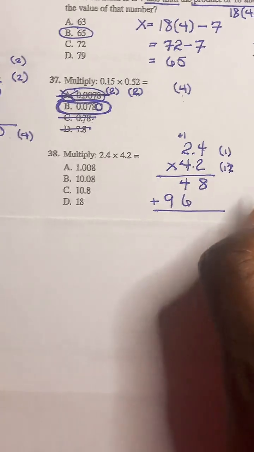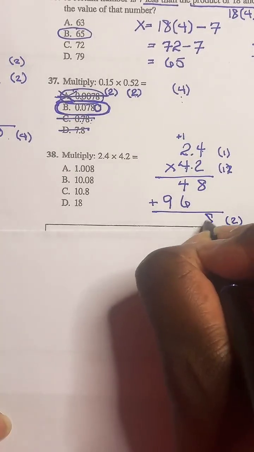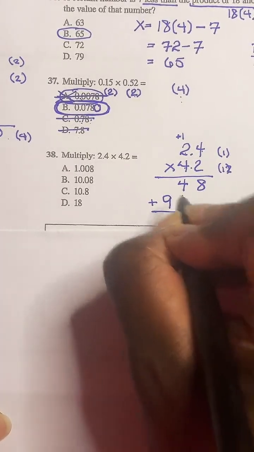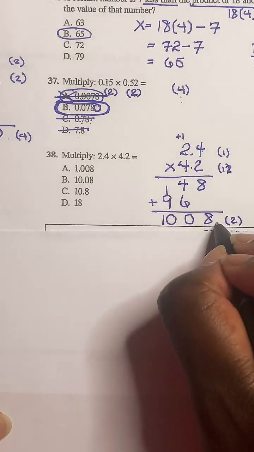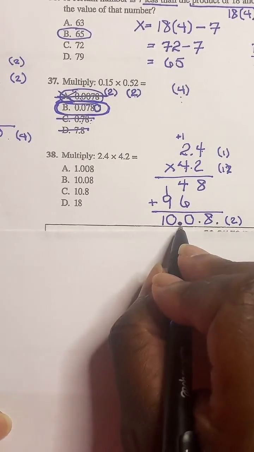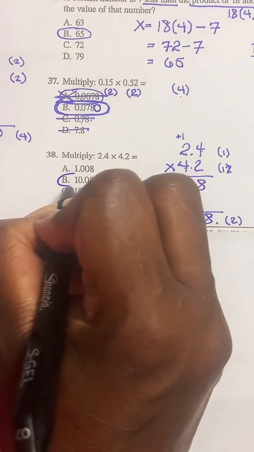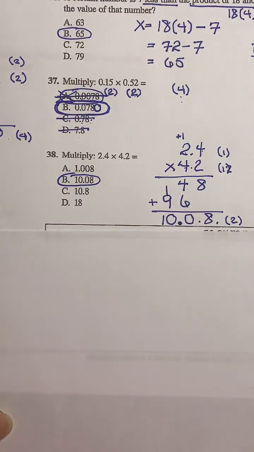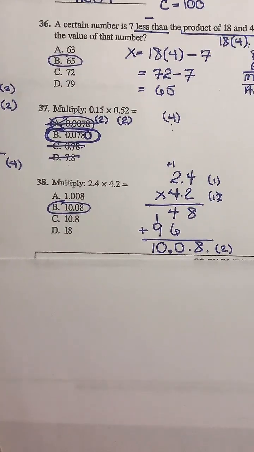That means our answer needs to have 2 decimal places. So you have your 8, 6 and 4, that's 10, carry the 1, and that will give you your 10. So moving it over 2 decimal places, 1, 2, that means the decimal place goes in between the 10 or the 2 zeros, which will give us answer of B. So this time we're not going to have a 0 on the end because 5 times the 2 in the previous one gave us our 0, not an extra 0.